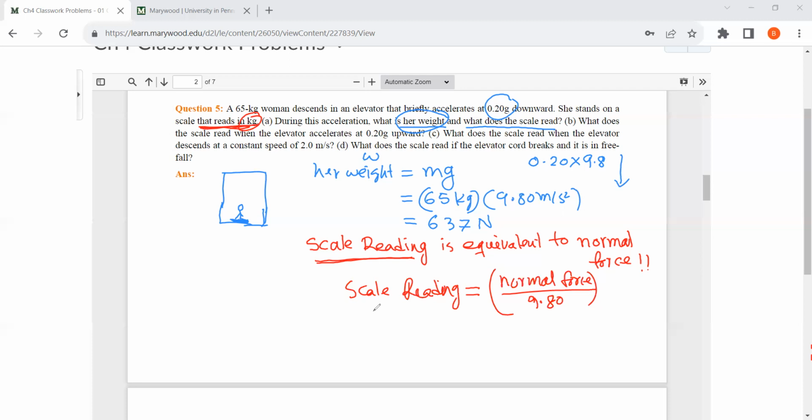Remember that if it is not explicitly mentioned that the scale reads in kilogram, the scale reads basically the normal force. Normal force is sometimes called the apparent weight.